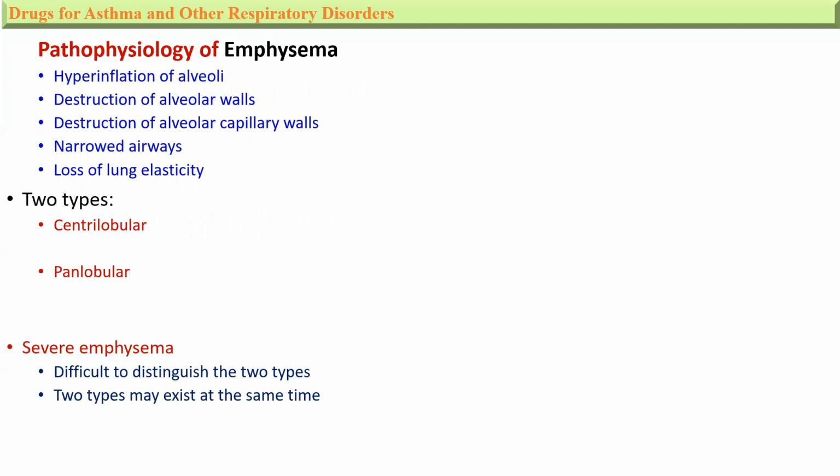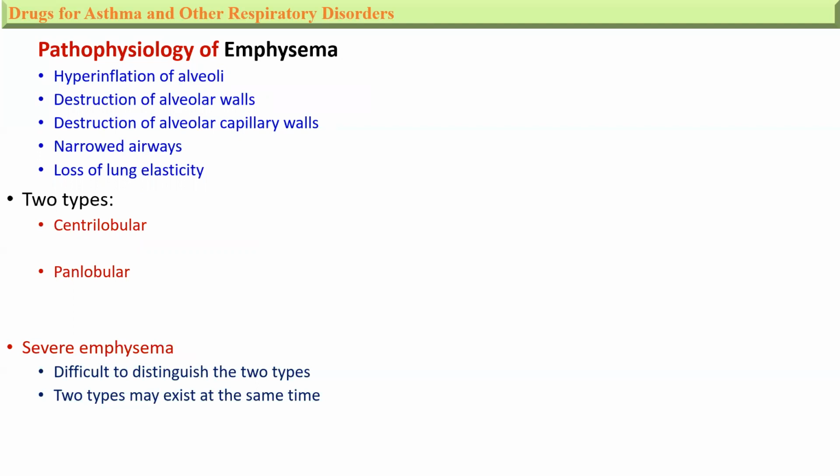There are two different types of emphysema: centrilobular and panlobular. Centrilobular involves the central part of the lobule, where the walls are destroyed and the bronchioles become abnormal, confluent, running together and blending into one.